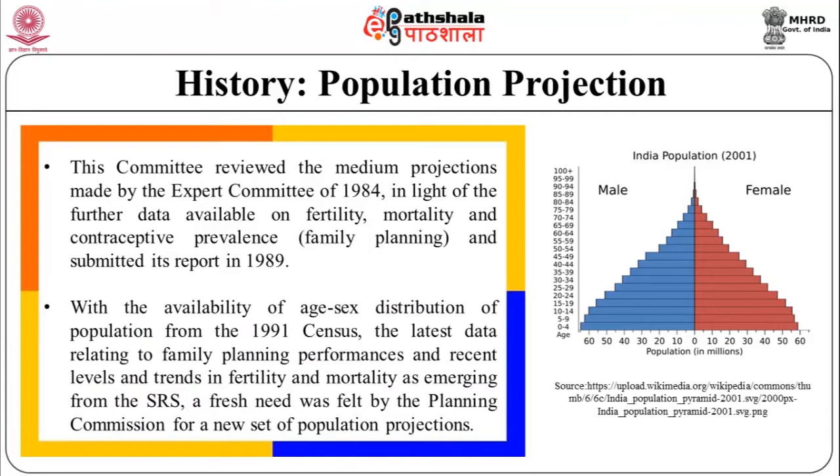With the availability of age-sex distribution of population from the 1991 census, the latest data relating to family planning performances and recent levels and trends in fertility and mortality as emerging from the sample registration system, a fresh need was felt by the Planning Commission for a new set of population projections.